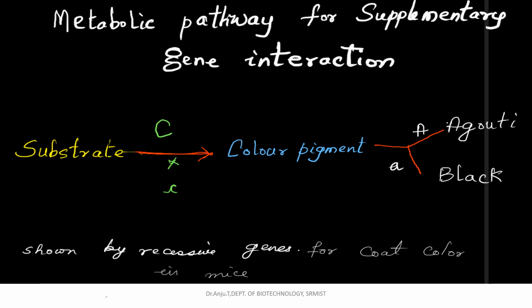The second gene A is responsible for the distribution. So here the dominant allele A is responsible for the agouti phenotype, and the recessive allele small a is responsible for the black phenotype.